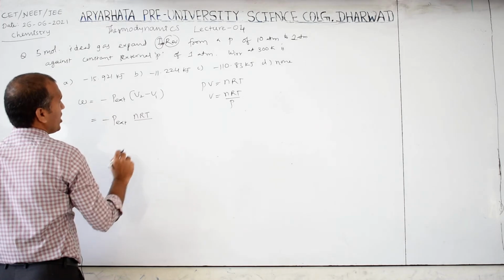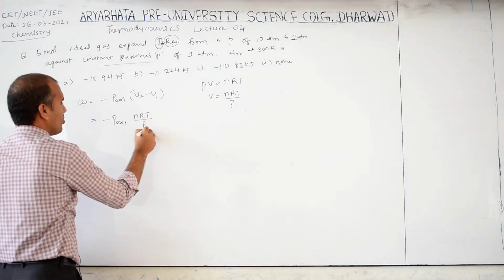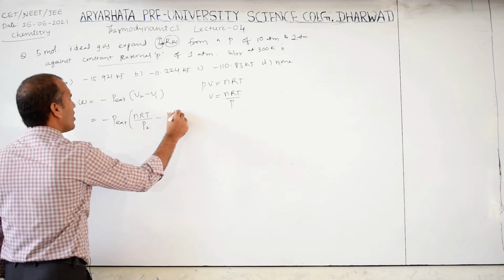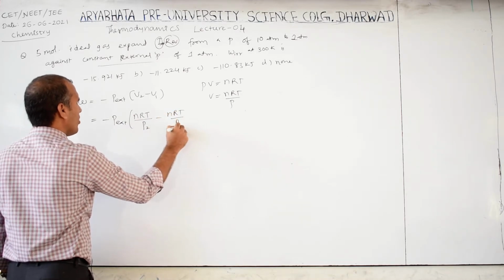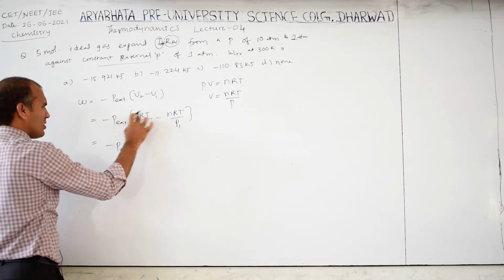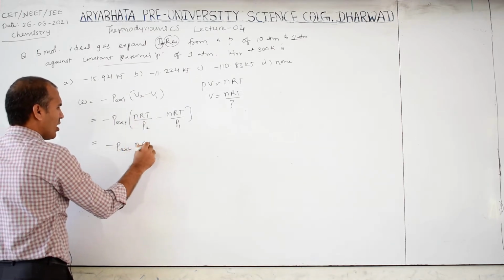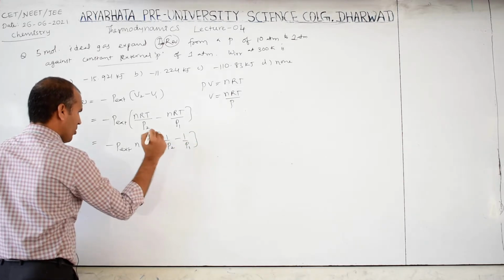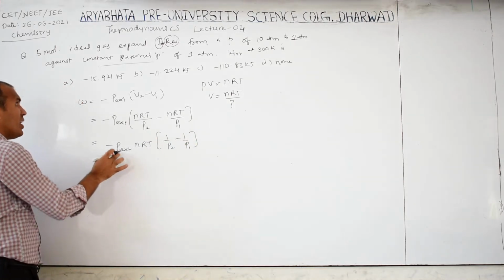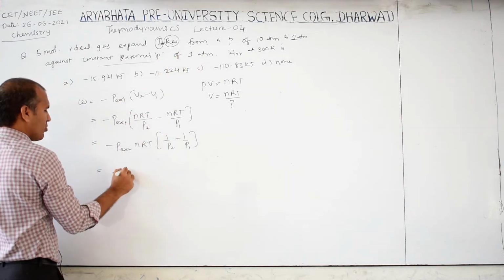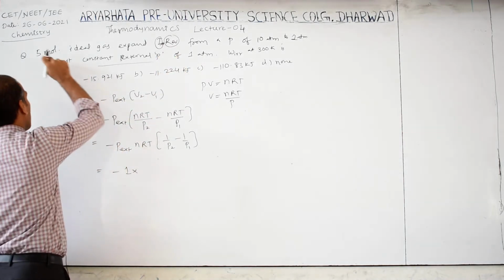Pressure only changing here, therefore we can write this is P2 minus nRT by P1. Therefore minus P external, this is taken common, nRT, 1 by P2 minus 1 by P1. And here P external given in the question against 1 atmosphere, minus 1 atmosphere, n given in the question.